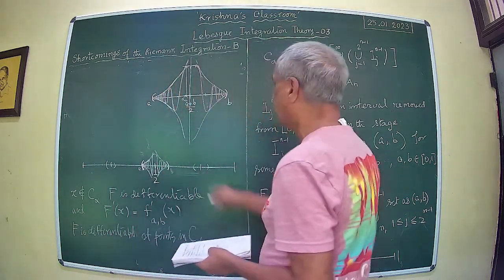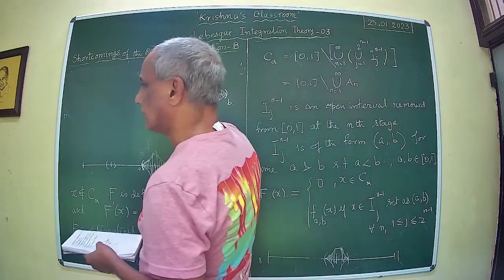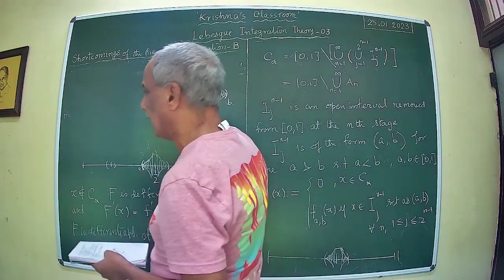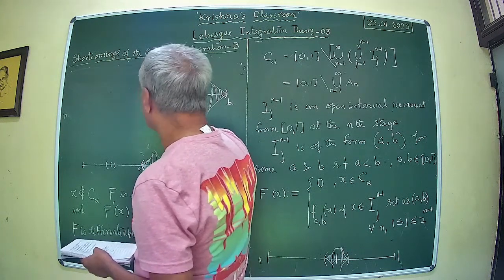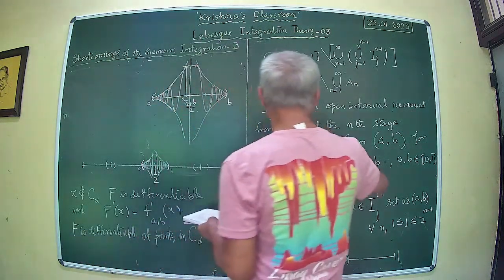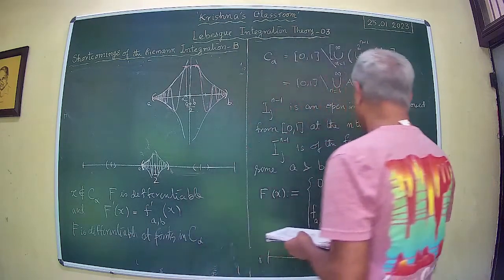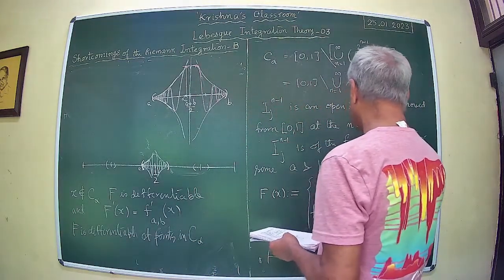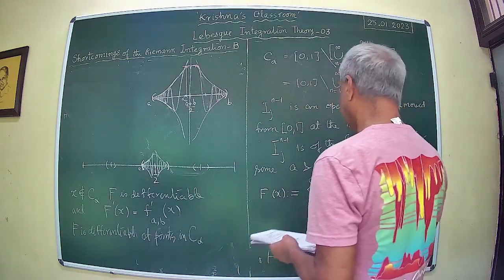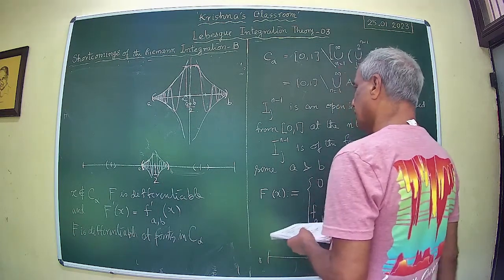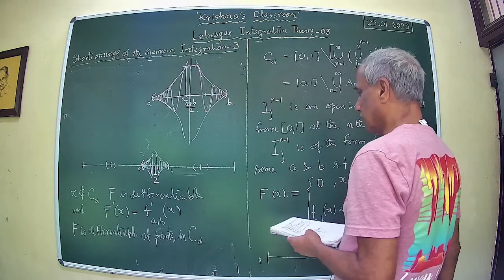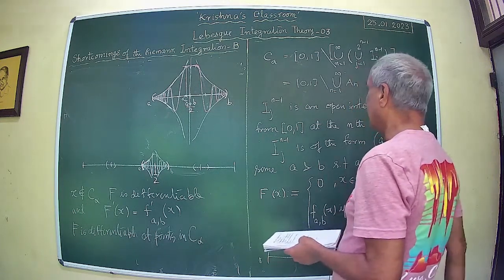So you can see that where this matches with a point in C alpha, now you see the derivative will be computed as follows. You take FAB of x divided by x minus a, and then proceed to the limit as x tends to a, and that clearly exists.